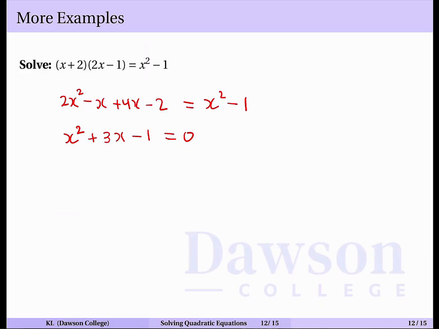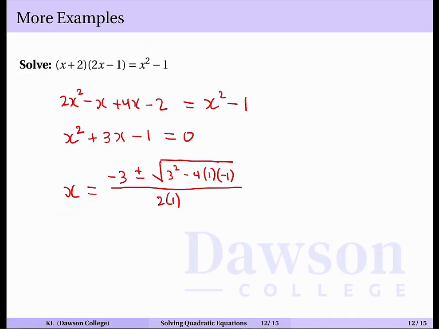So quadratic formula, x equals negative b plus or minus square root of b squared minus 4ac, so 3 squared minus 4 times 1 times negative 1, all over 2 times 1.